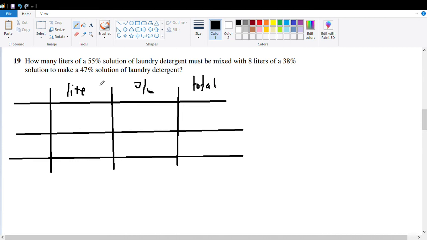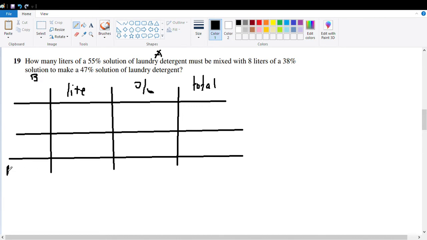We'll call the 55% detergent as A and the one with the 38 as B, okay?